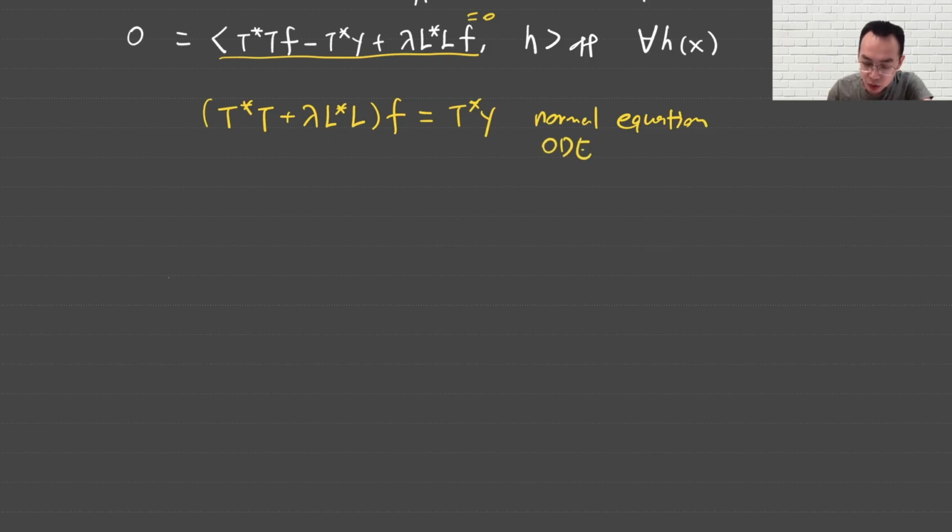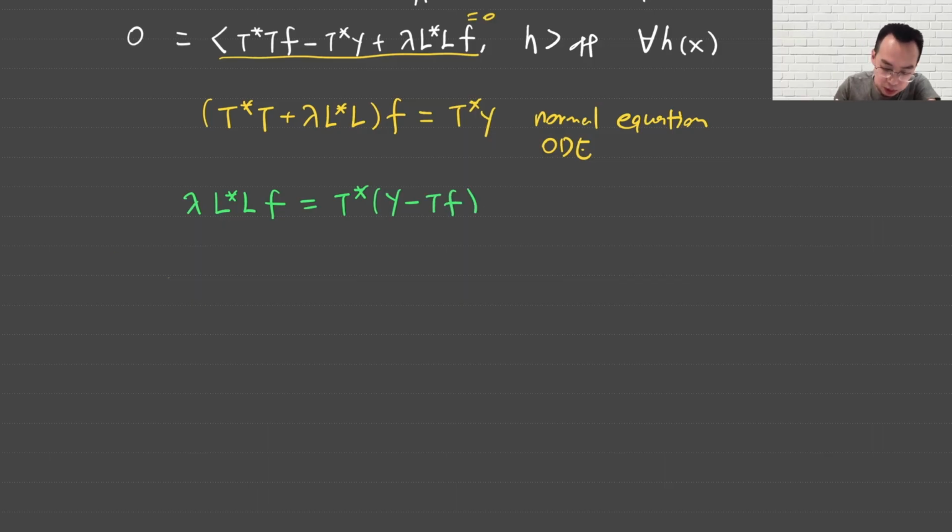Now, let's write out the exact form for this ODE to see what it looks like. So let me just rearrange the terms a little bit. In fact, we can write it out as lambda times L star L acting on f equals T star (y minus Tf).